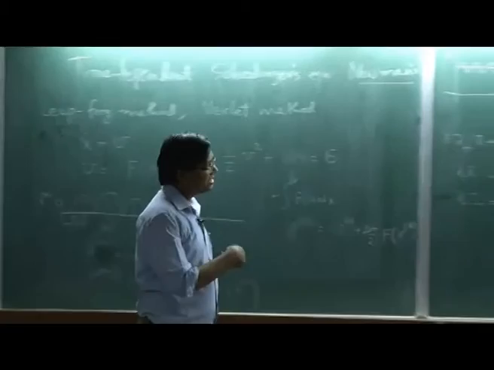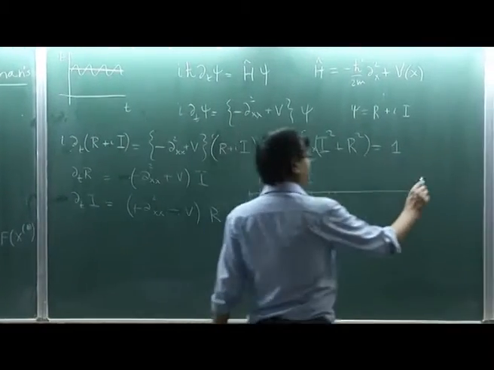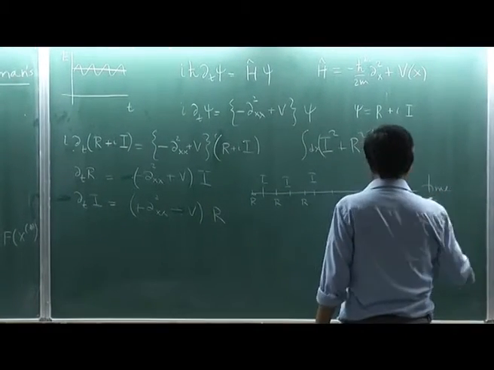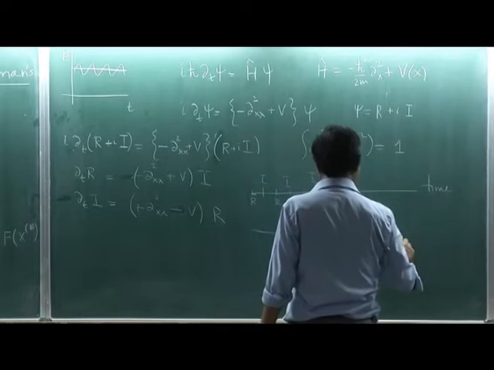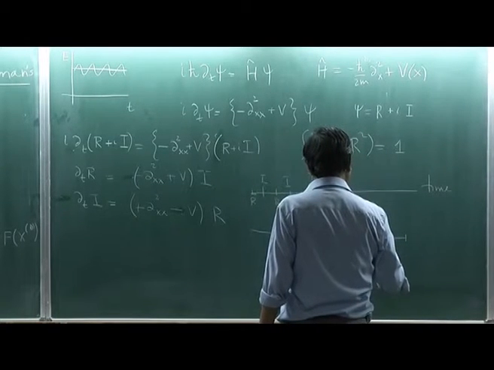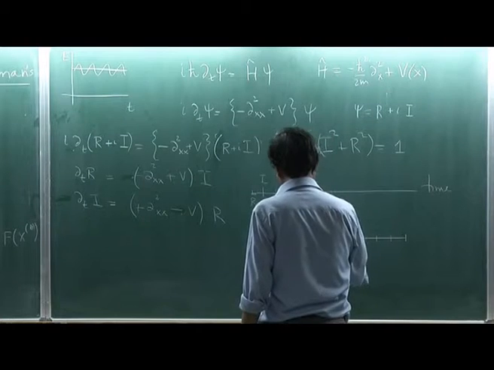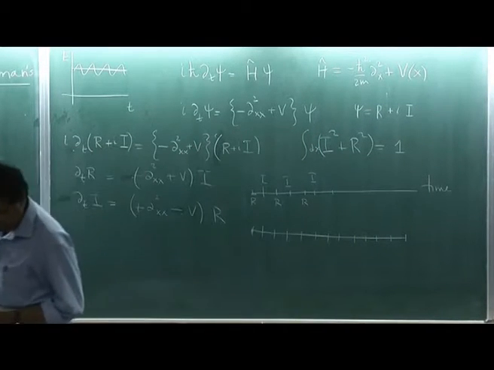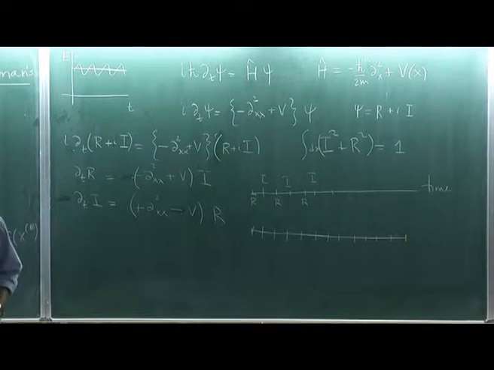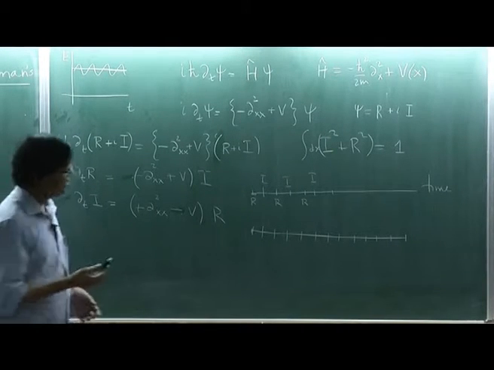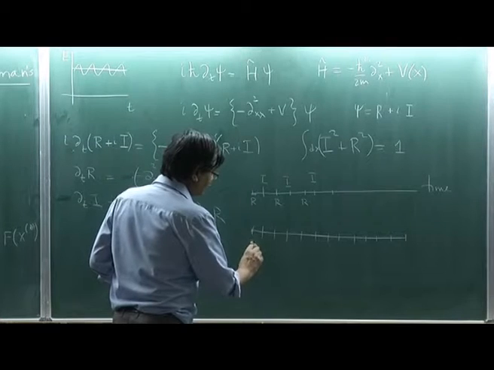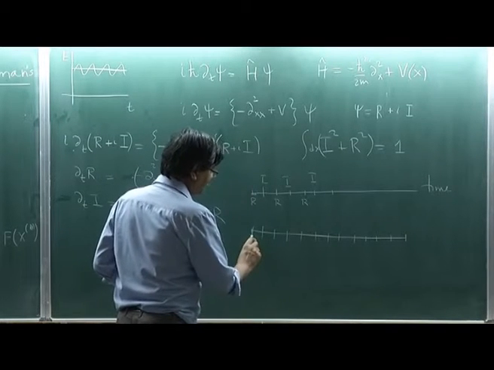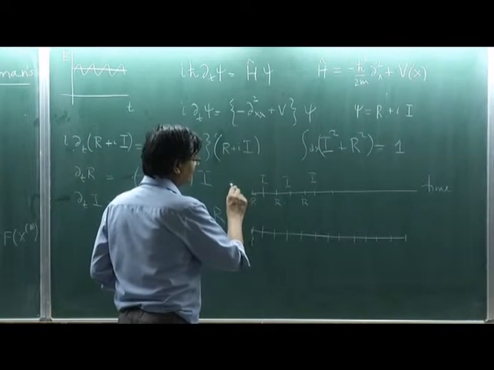So now I do the space discretization, which is the same. This is in time. Now in space, at every point there is a real part and an imaginary part. Every point, this index i and this index n.